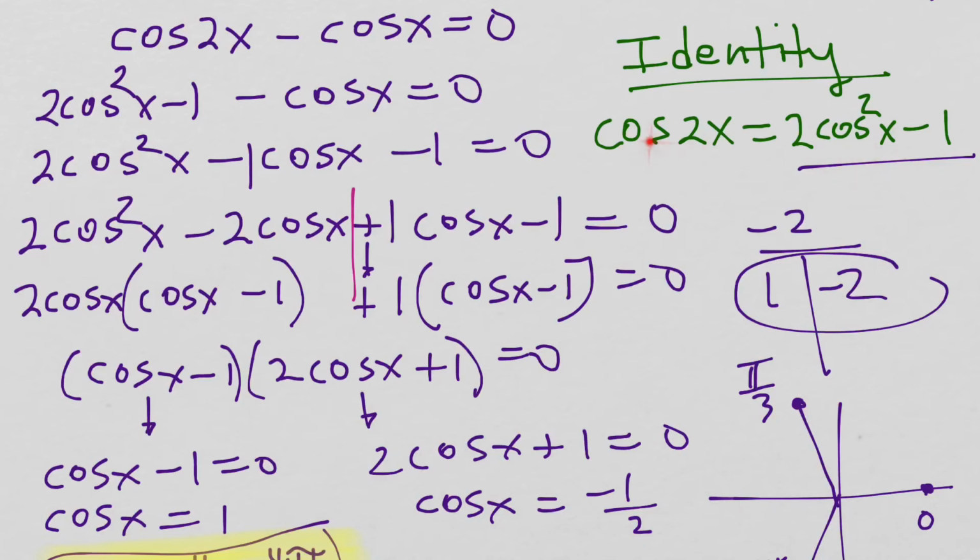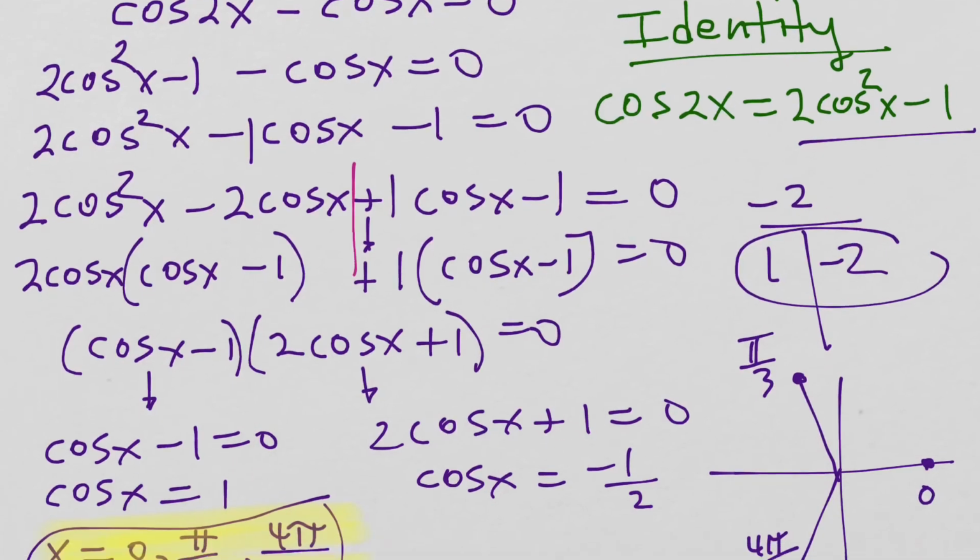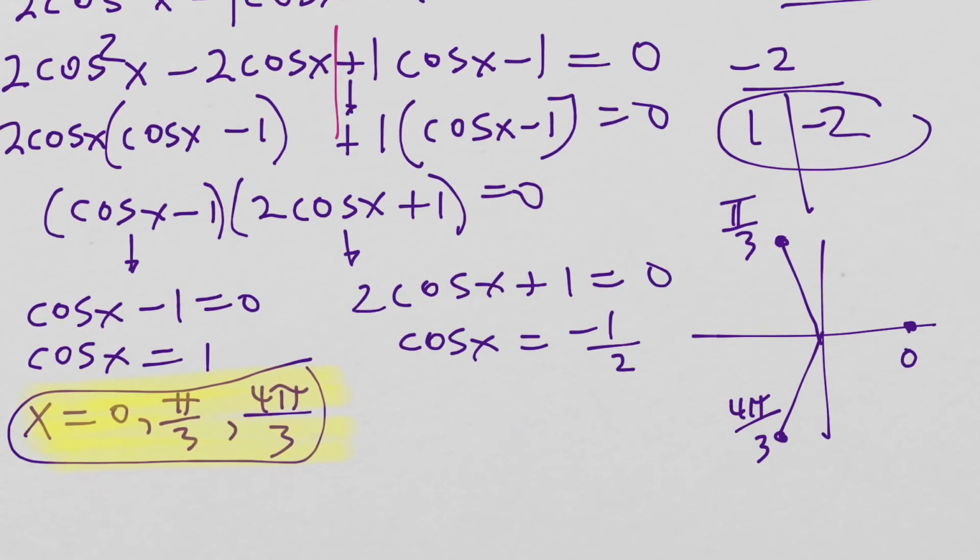So here's your substitution. Once you make that substitution, it is factorable like a quadratic. Once you have your factors, you set them equal to 0 and solve for the values of x, the angles that make these two statements true. All right, so we found 3 angles that make these factors true statements.